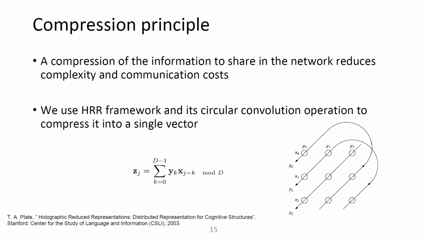So we use the holographic reduced representation model, and we use the binding operation of HDC and VSA, realized via circular convolution, which is visualized here in these slides. It's just the outer product of the hypervectors that are being bound.